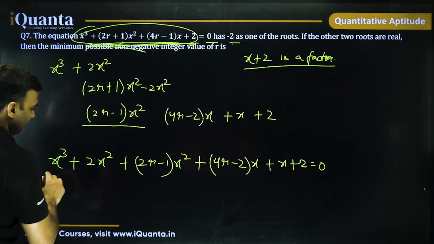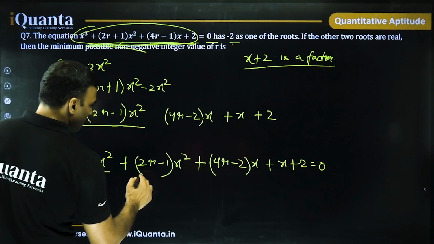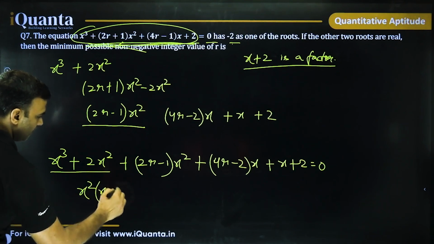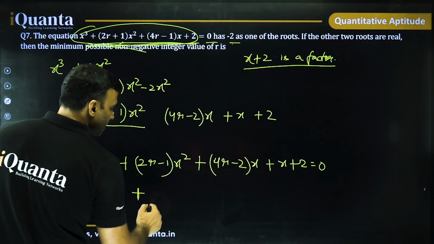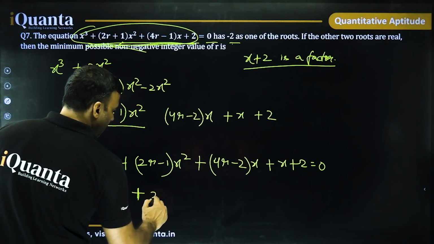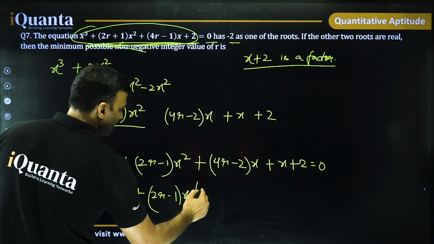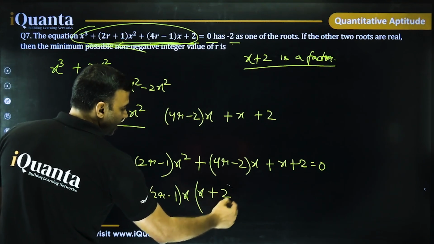So you see, from here we have x square common. x square into x plus 2, plus. From here, if you look at that closely, it is (2r minus 1) into x common. (2r minus 1) into x common, we'll get x plus 2. X is already there.